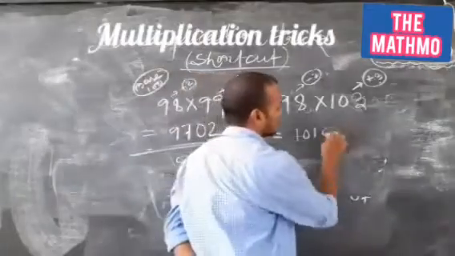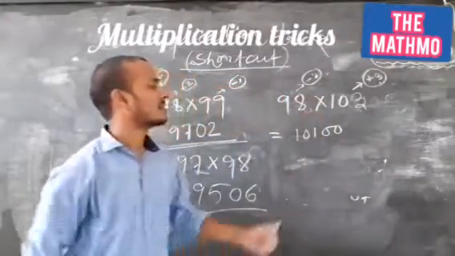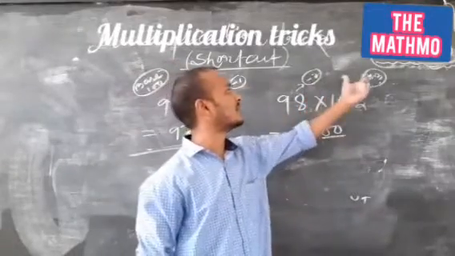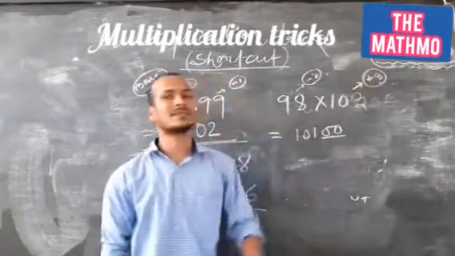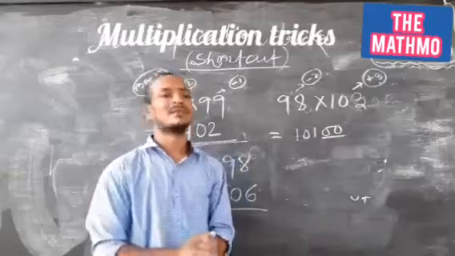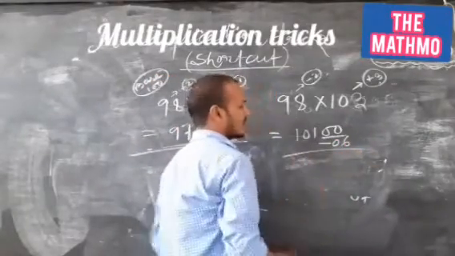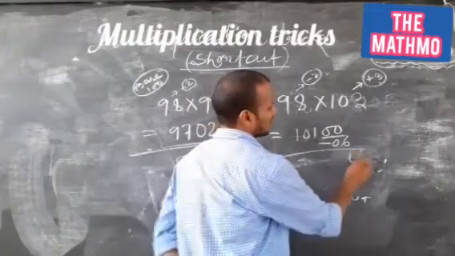Now for the next 2 digits, what to do? For the next 2 digits, multiply this one, 2 and 3. So 2 3s are 6, but it will be minus 6. You have to subtract 6 from the last 2 digits.